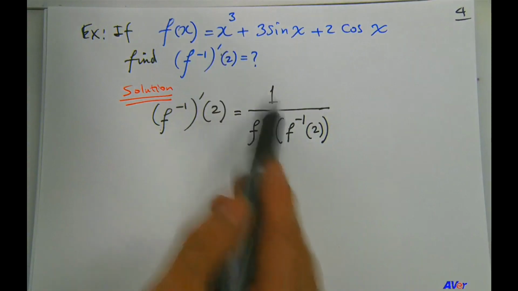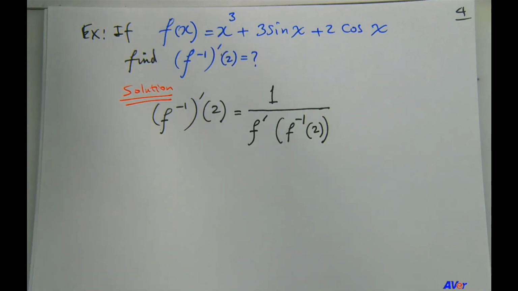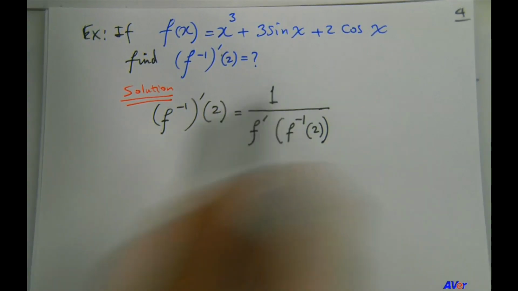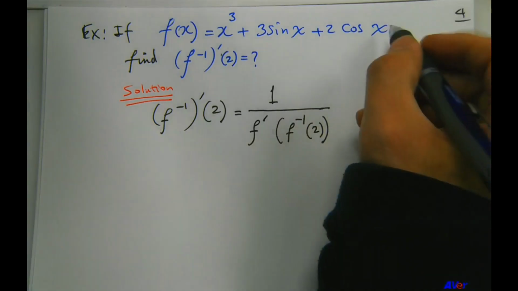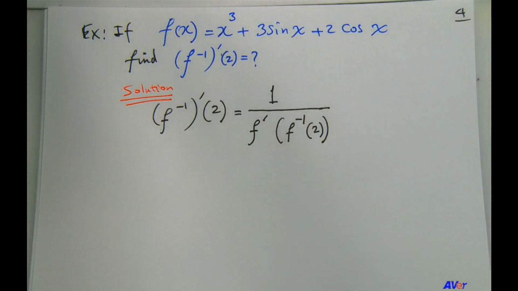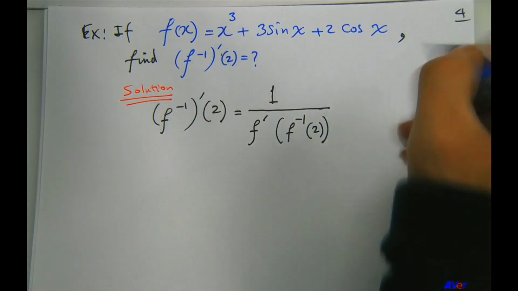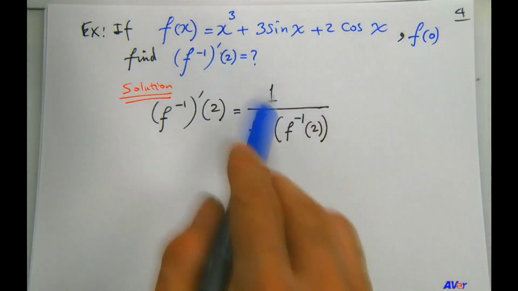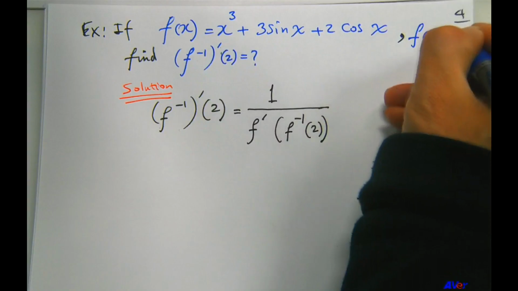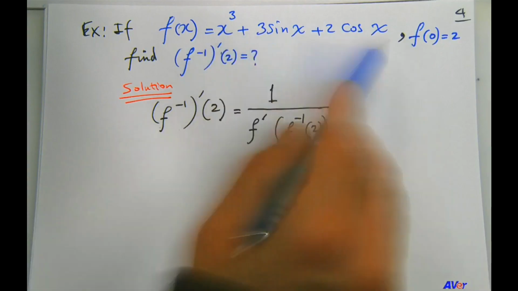To answer that, we can apply this relationship between these different entities. One piece of information I forgot to add, let me add it here at the end: if that's the function, we know that f at 0 is equal to 2. We can plug in and figure that out very quickly.